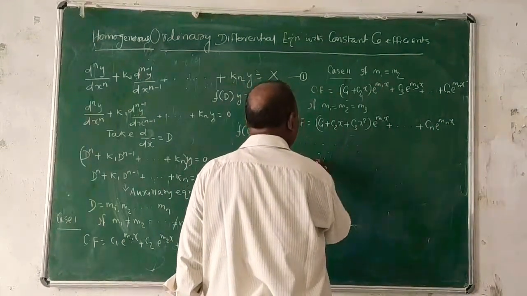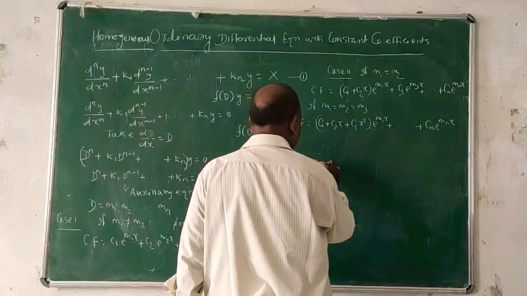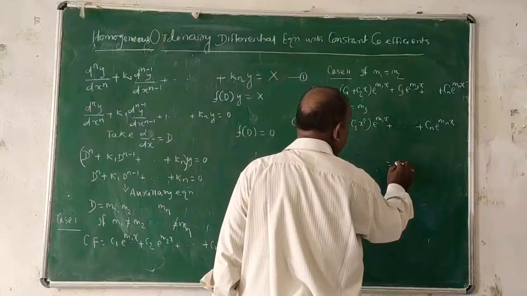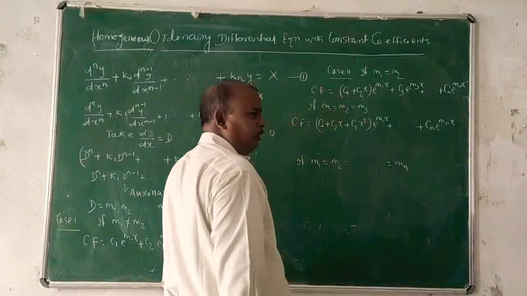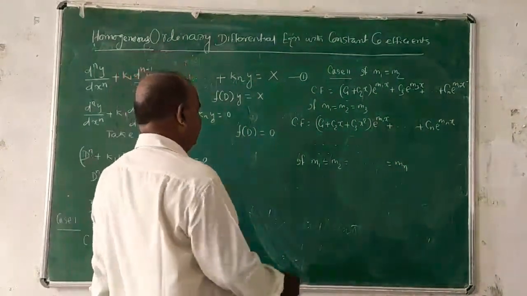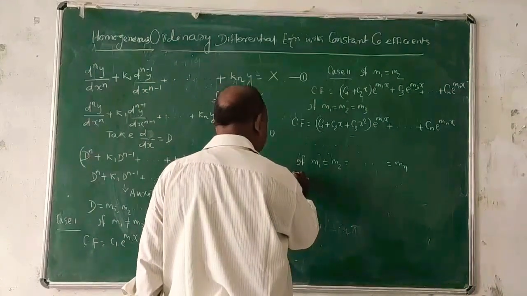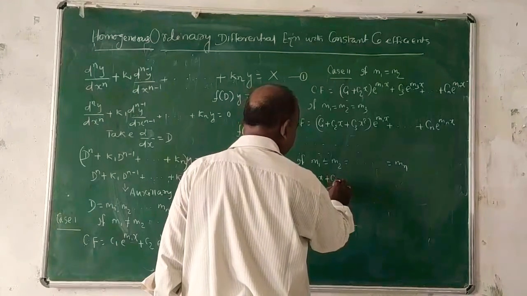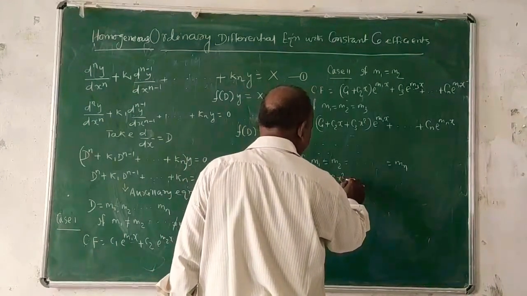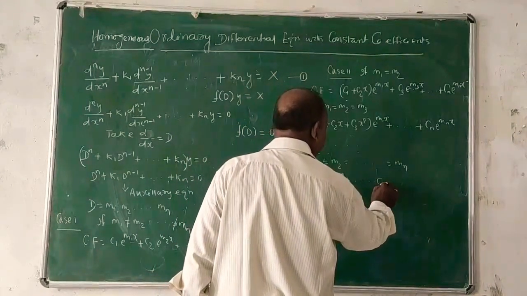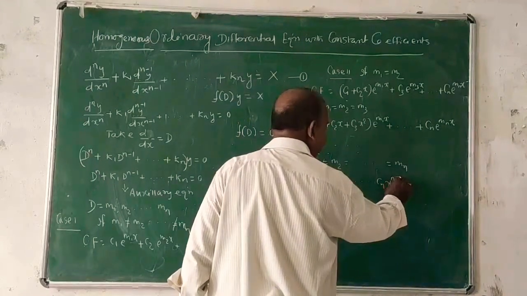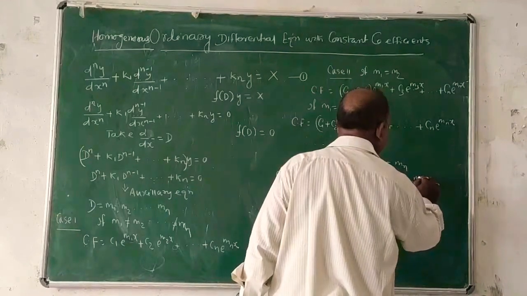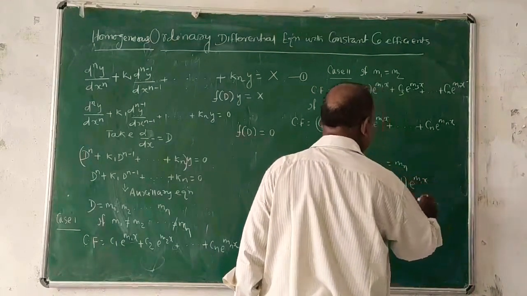If all n roots are equal, m1 is equal to m2 is equal to m3 is equal to mn, then you get the complementary function (C1 + C2x + C3x² + ... + Cn x^(n-1)) e^(m1x).